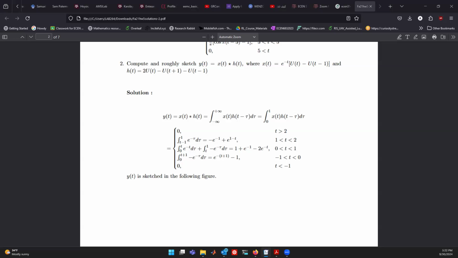If I want to plot this y(t), it will look like this. It's not easy to plot accurately, but so this is y(t), this is t.